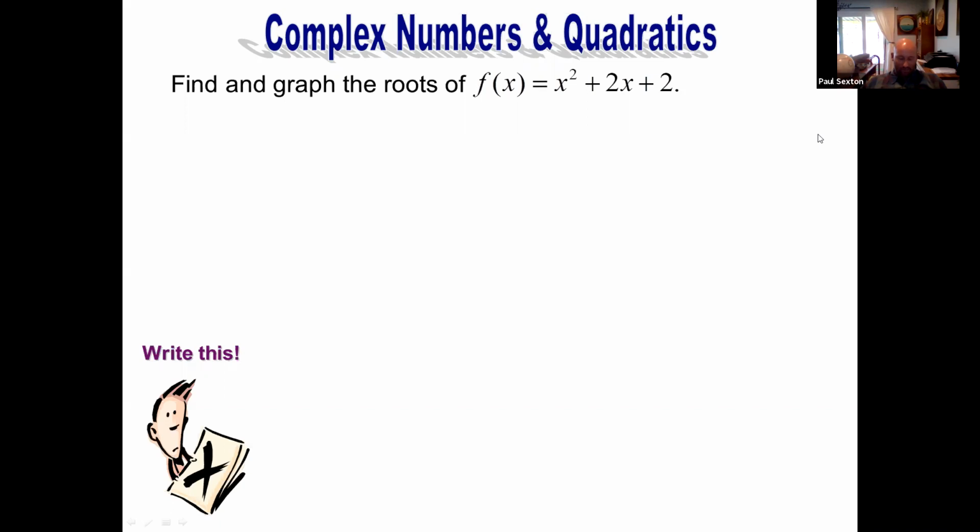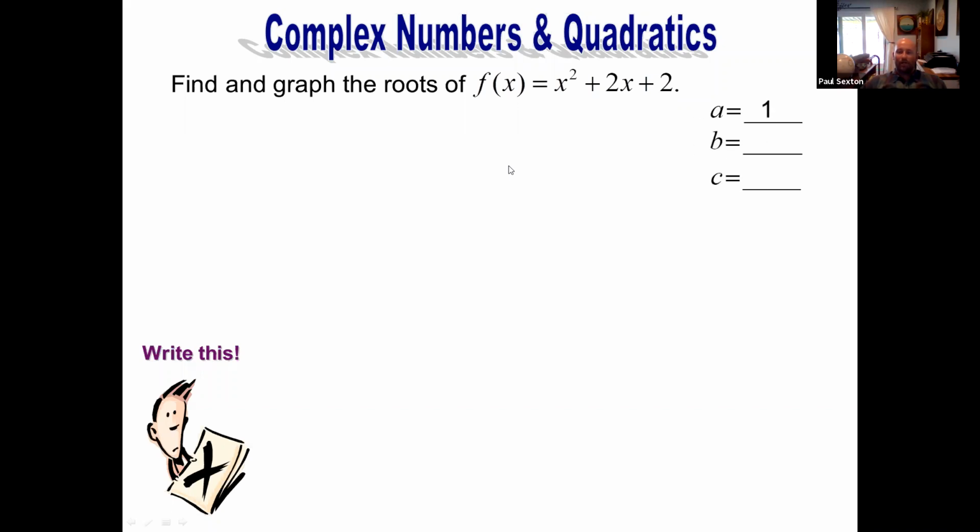So if you're going to write anything down, go ahead and write this down, because this is a good example that includes that type of answer. We got to start being careful now, and we got to pay attention to our answers because we're not always going to have rational or irrational roots. We can now have complex roots.